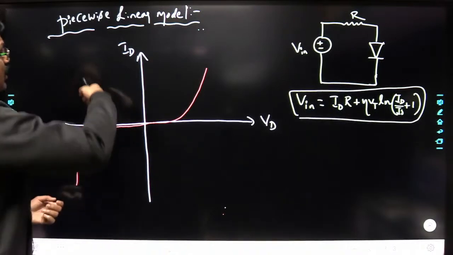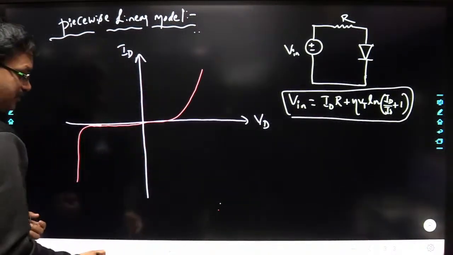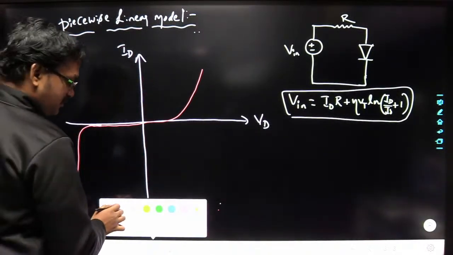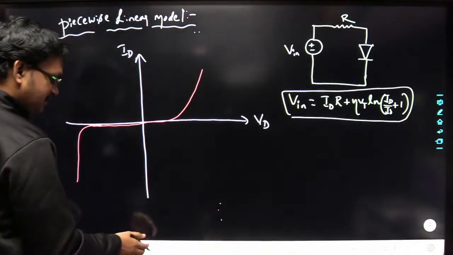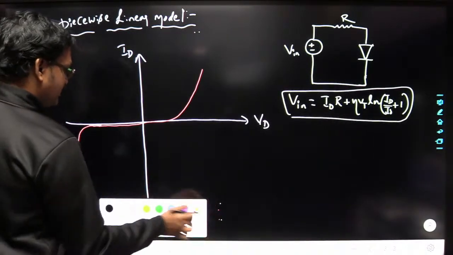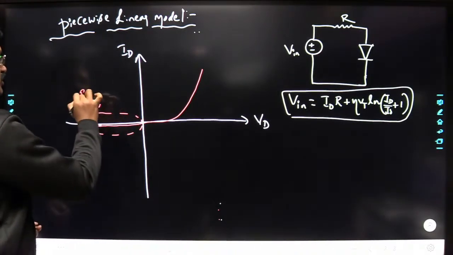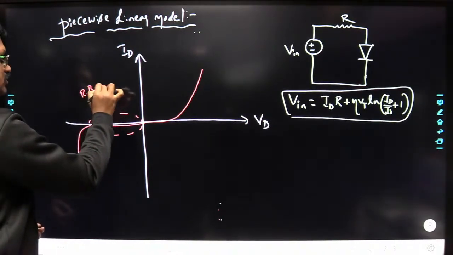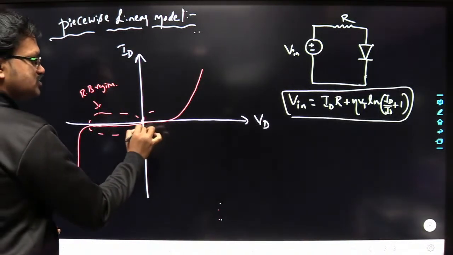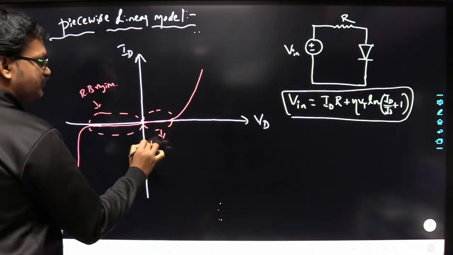What do you mean by piecewise linear model? I have divided this characteristic into different regions. This is the reverse bias region. This is the forward bias region with negligible current.